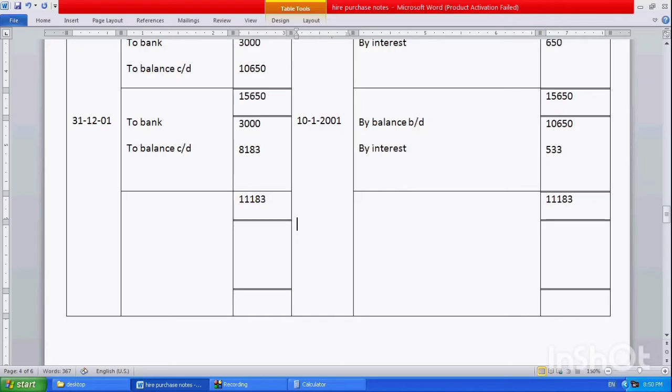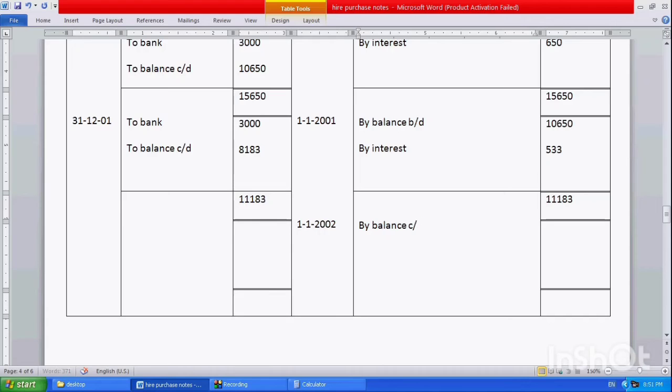Okay, now let's go for another year. We have to correct this one, I told you. Okay, 1st January 2001. Now 1st January 2002, by the balance brought down.